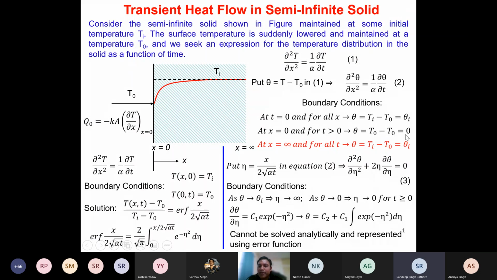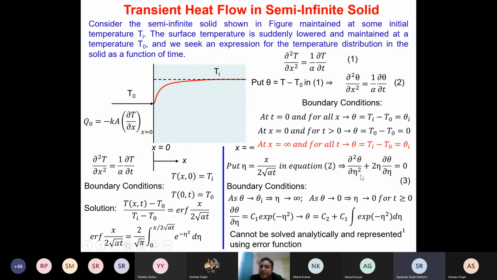That's what it is going to be, for all t. So both these boundary conditions are clear to everyone. These 3 boundary conditions are now changed to only 2 boundary conditions after substituting another dummy variable eta. Does it make sense to everyone? Yes, sir. Okay.